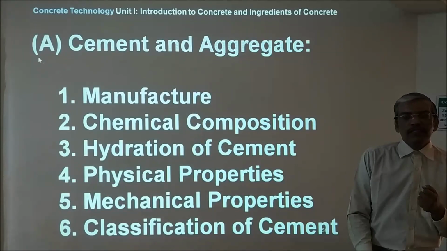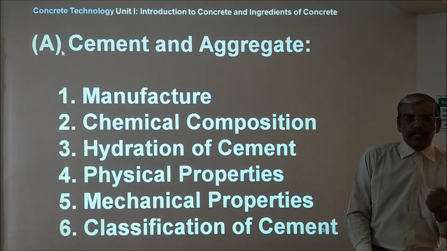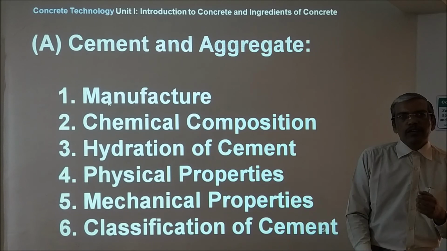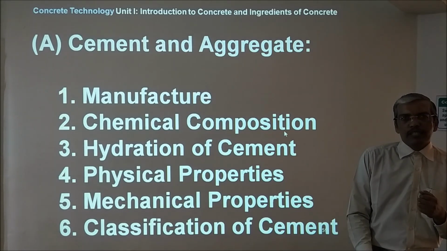So we have seen from unit number 1, introduction to concrete and ingredients of concrete, part A, cement and aggregate. In that we have seen manufacture, cement composition, hydration of the cement, physical properties, mechanical properties, and classification of cement.